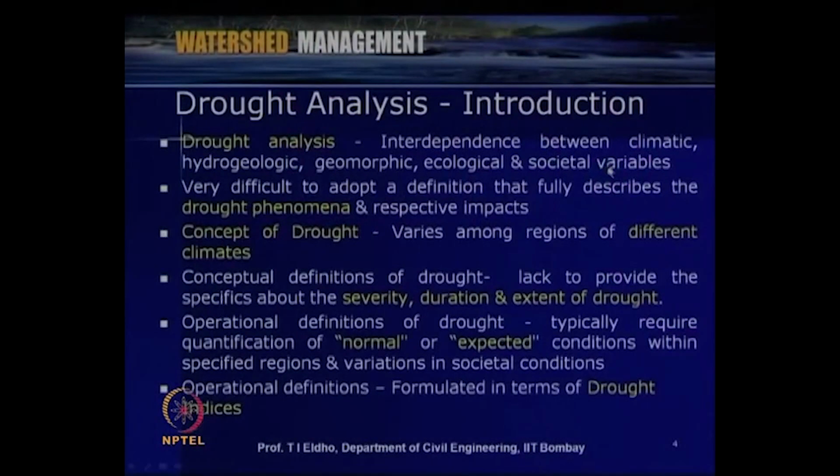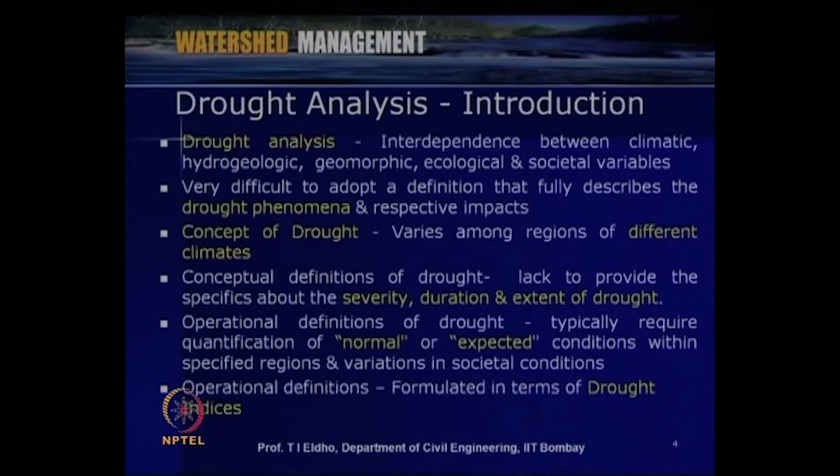As I mentioned, drought analysis shows the interdependence between climatic, hydrogeological, geomorphic, ecological and societal variables. When we look into the drought, as we discussed in the last lecture also, there are a number of parameters we have to consider, and these parameters decide when the drought will be, the onset of the drought, the intensity of drought or the characteristics of the drought.